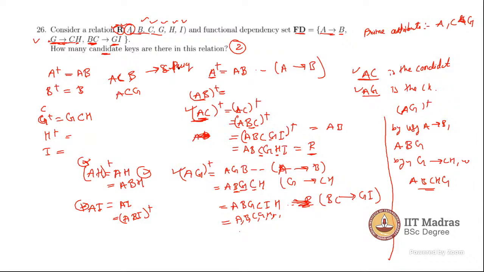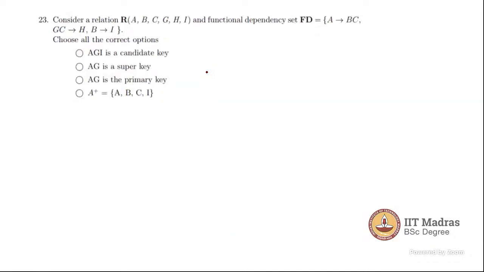Like we started taking combinations like AC, AG, AH. We didn't do G, A or G, B or anything like that. We only started from A, because A is not there on the right side of the functional dependency, that's why we start from A. Okay, we'll discuss one more example here.